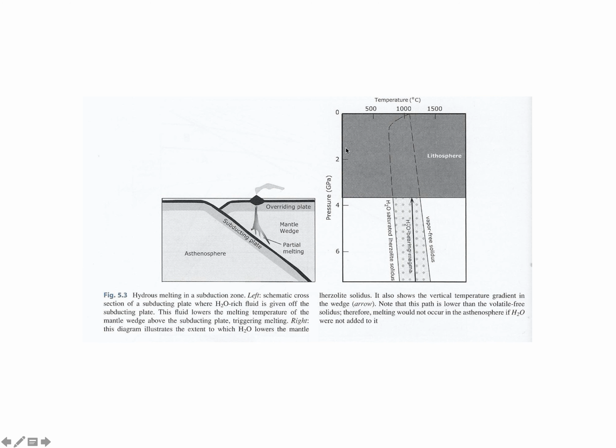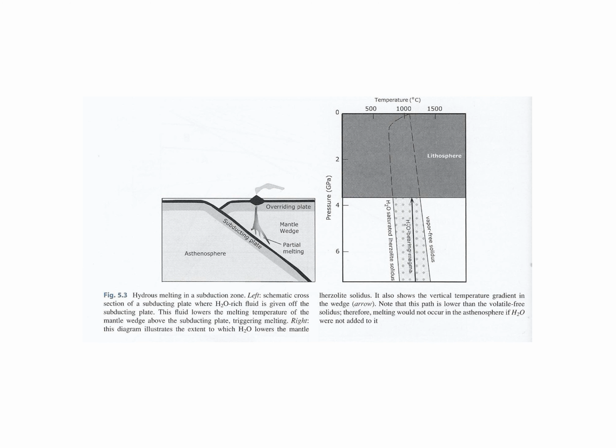In the upper part we have the lithosphere, here the asthenosphere, the vapor-free solidus, and the H2O-saturated lherzolite solidus, and that is the area where melting will take place. These are the temperature and pressure conditions, and this melt will rise up and form, for example, an extrusive as seen on the figure on the left.